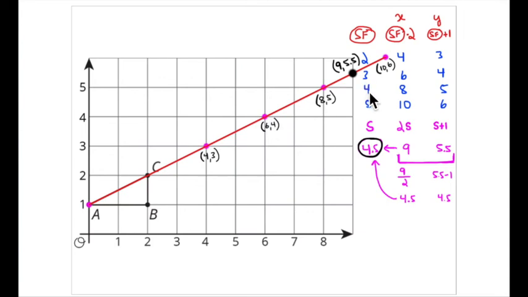What about if the scale factor is 4? Well, 4 times these 2 units gets you out to 8. So now I'm at 8. And then the y-coordinate is just the scale factor, the scale factor times 1. So that's going to be 4 units. 1, 2, 3, 4. But then you have to add this 1 back to get to 5.